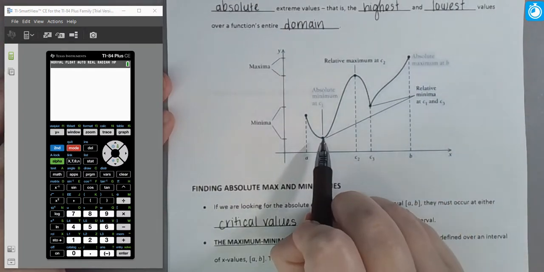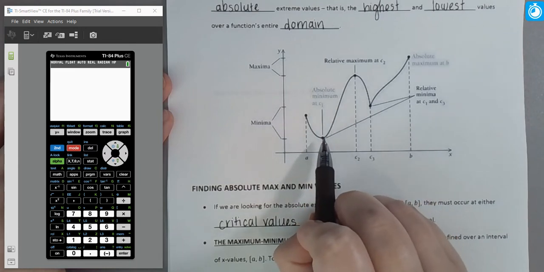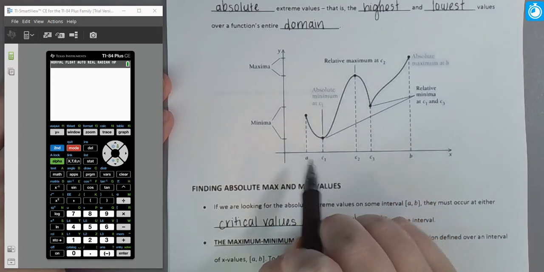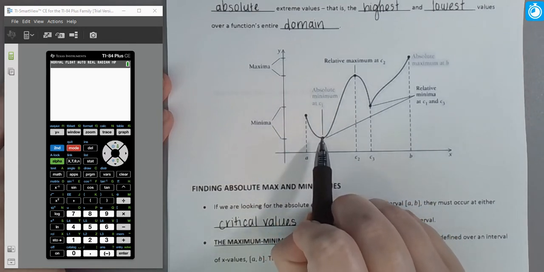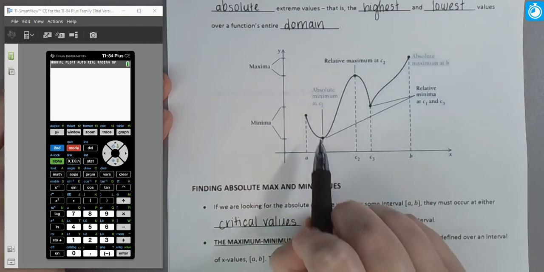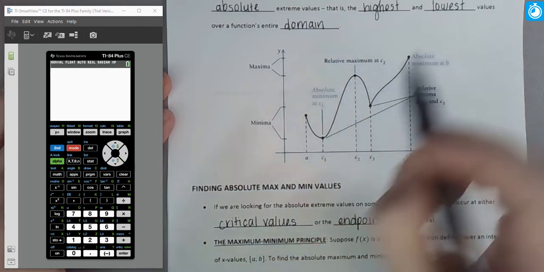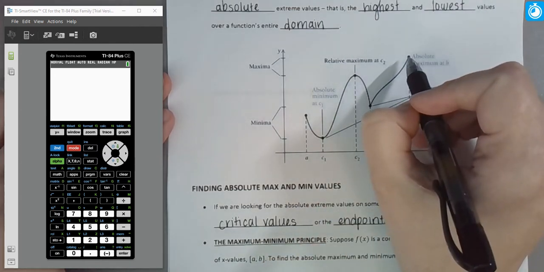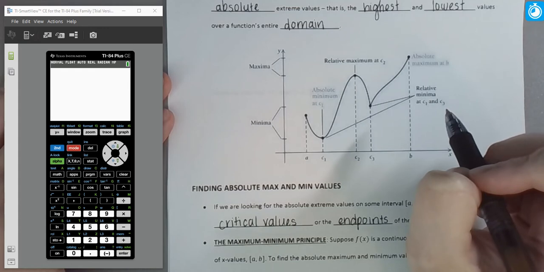So our lowest value would be associated with a critical value. We would find that particular minimum based on the fact that this location is represented as a critical value. It's a location where our derivative would have a value of 0. But the absolute maximum in this case is not associated with a critical value.